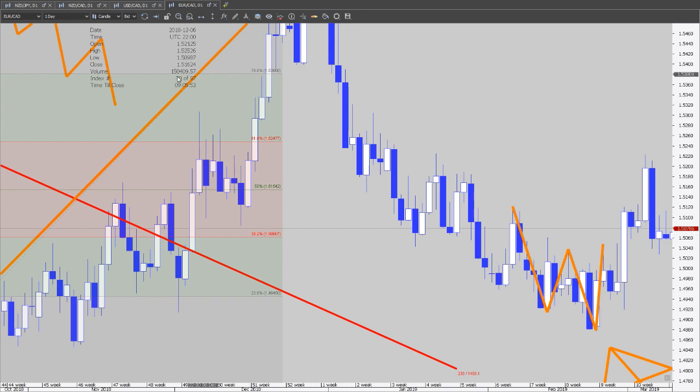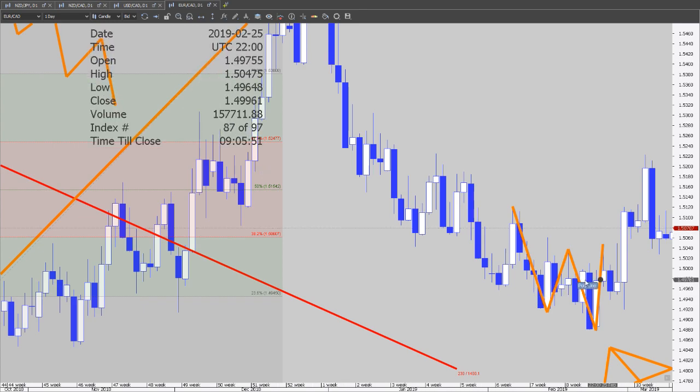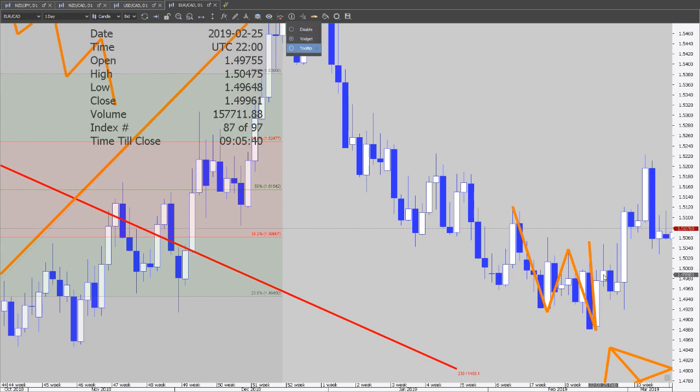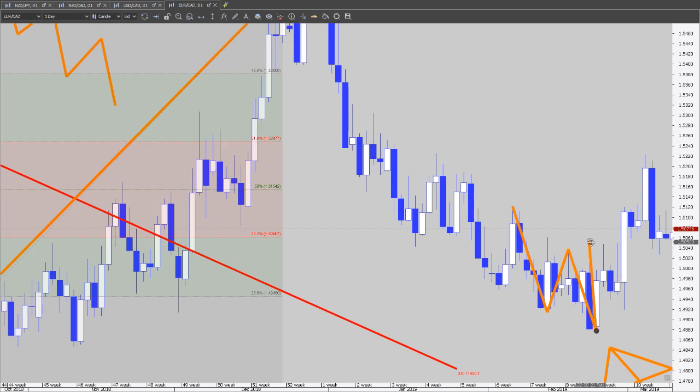Let me check where is the tool. There you go. This candle is at 50475, 5049. So the market broke our high, but the high is here. So this is the crown.